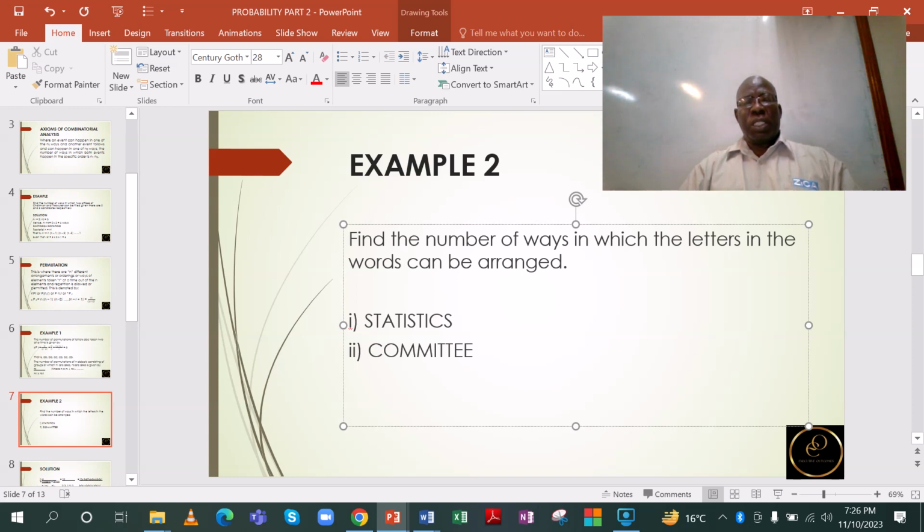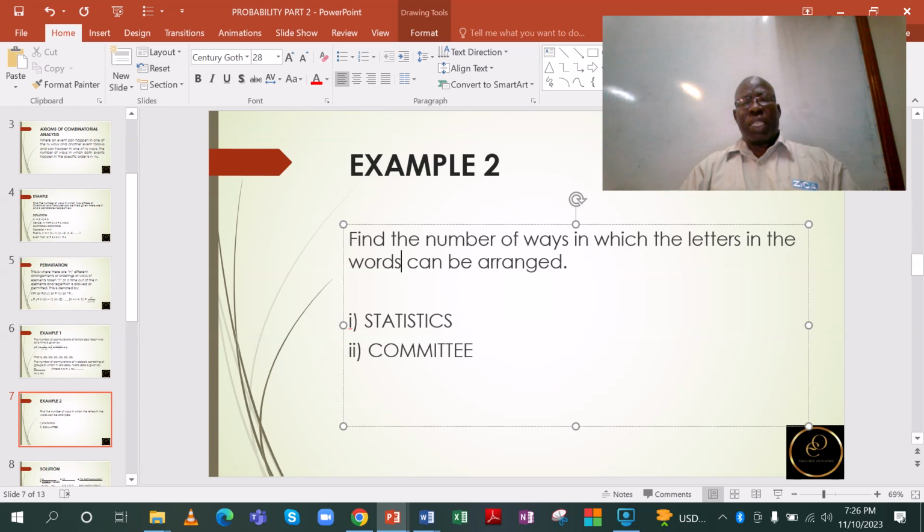So if we take S to be n1, then n1 is equal to 3. Let's look at T. How many T's do we have? We have 1, 2, 3. If T is represented by n2, then n2 is equal to 3 as well. Let's take A. How many letters A do we have?